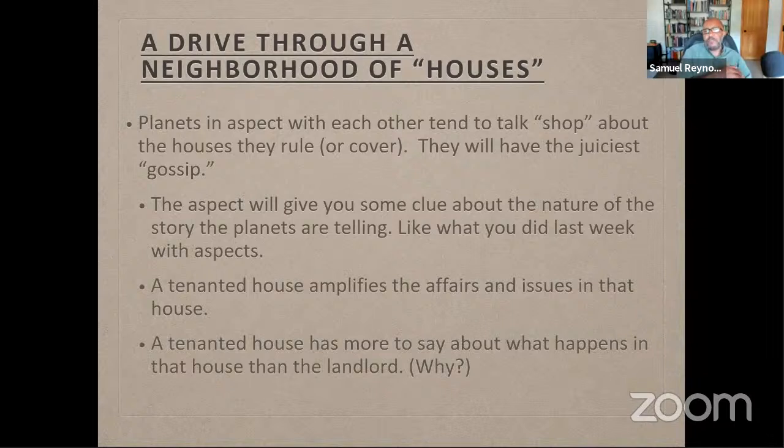But the real juice is going to be about those planets that rule the signs. One of the things to understand about astrology versus signology, which I'll clarify in a second, is that the real juice of astrology is in the planets. That's where it really all starts, the planets and the stars.